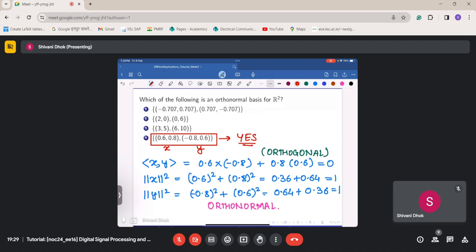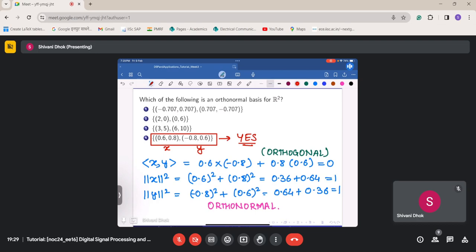Ma'am, is it mandatory to have both, that is x and y orthonormal, or can either of these two being orthonormal be okay? This set should be orthonormal. A single vector can't be orthonormal. Orthonormality we check for at least two things. If your question is whether every vector in the set needs to have a unit norm, yes, every vector should have a unit norm.